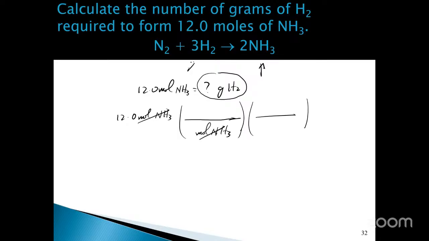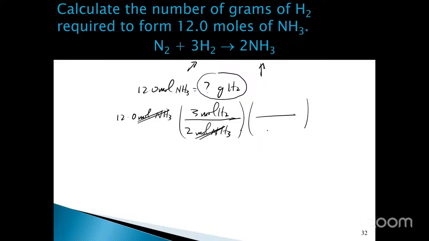So in actual fact, you're going to have 2 moles of ammonia and 3 moles of hydrogen. That's how we get the moles of hydrogen. That's a big mistake on my part, so I'm correcting it now. This should be 3 moles of hydrogen above, 2 moles of ammonia below. This cancels with this. So up to this point, you'd have calculated the moles of hydrogen.